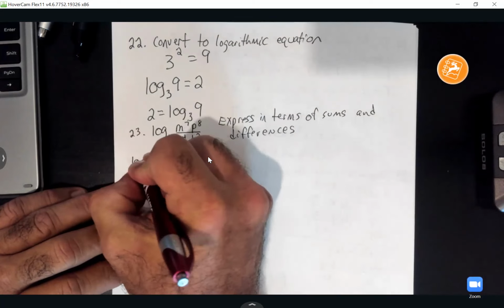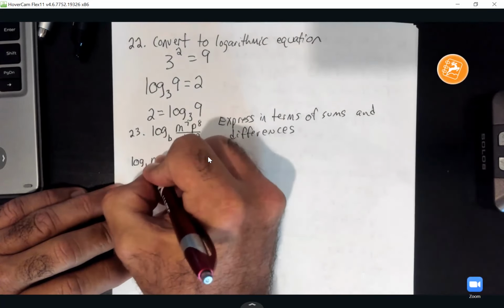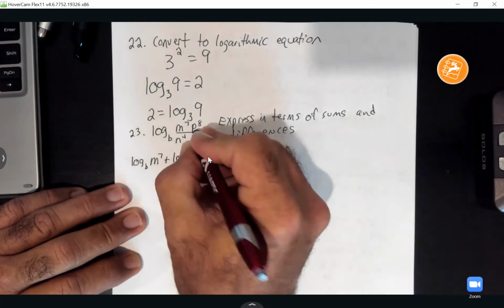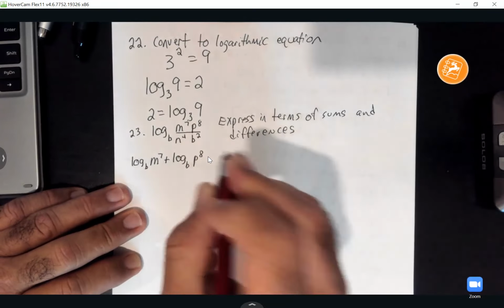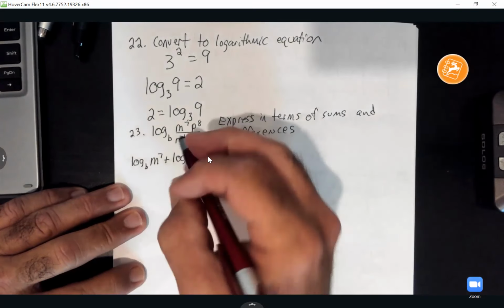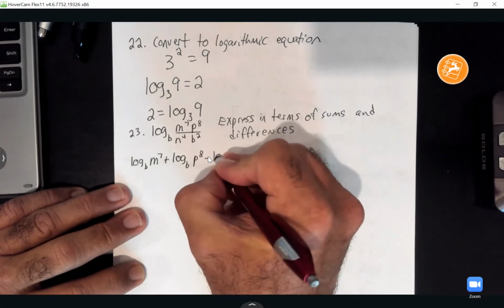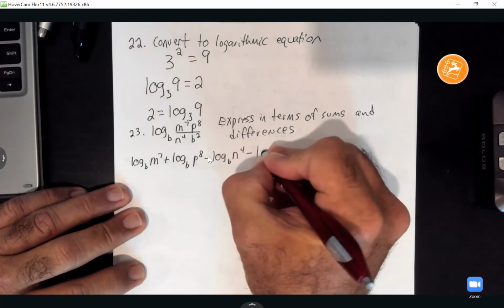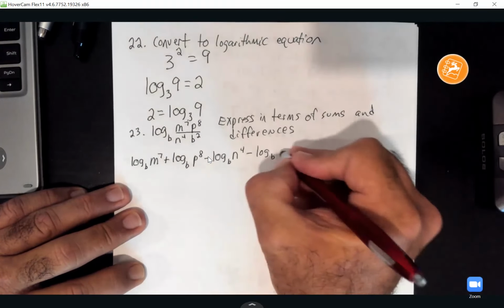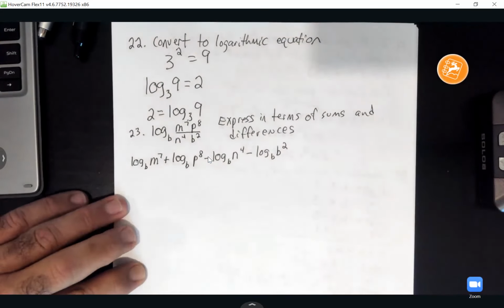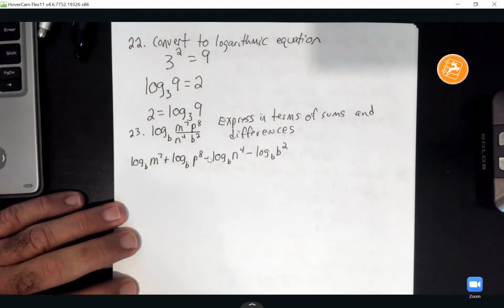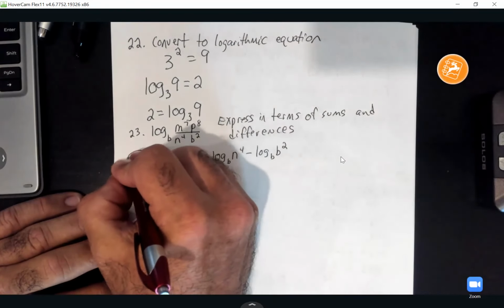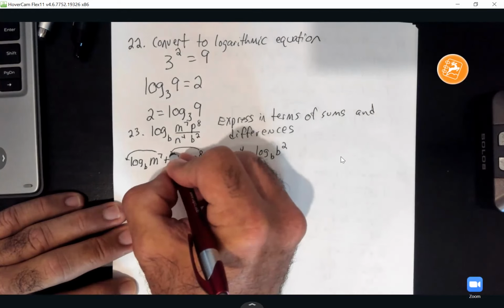So doing that, we got a log base b of m^7 plus a log base b of p to the 8. Now the next two factors come from the bottom, so that's going to be minus log b of n to the 4th minus a log b of b squared. So what would my next step be? Moving your exponents. And we're moving our exponents.